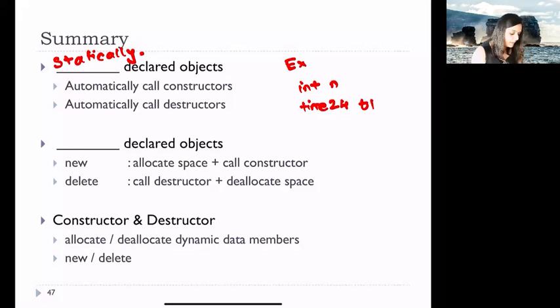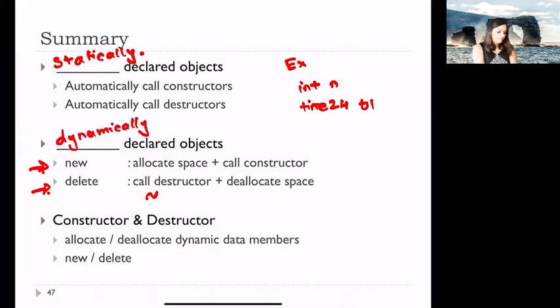Now, if you are using new to allocate space plus call the constructor, and if you are using delete to deallocate and free the space that's occupied, so call the destructor and deallocate space, where the destructor is the one that uses the tilde, then what is it called? Those are dynamically allocated memory space, so those are dynamically declared objects.